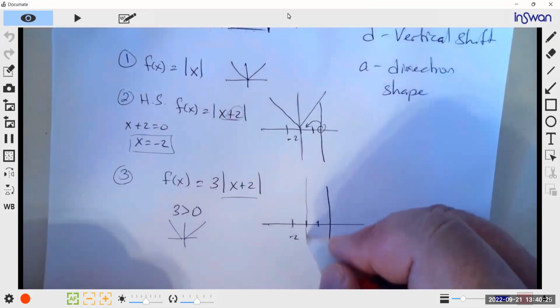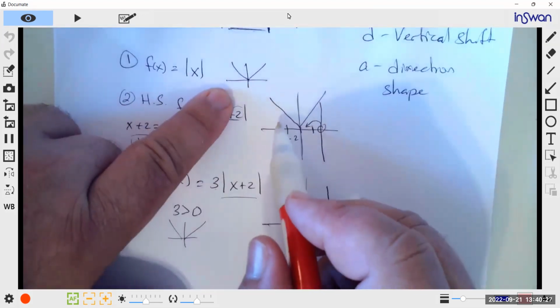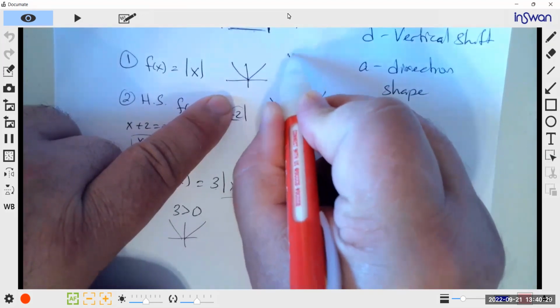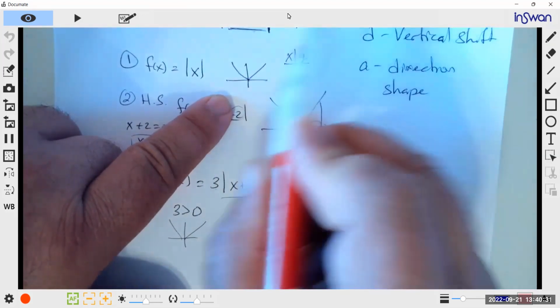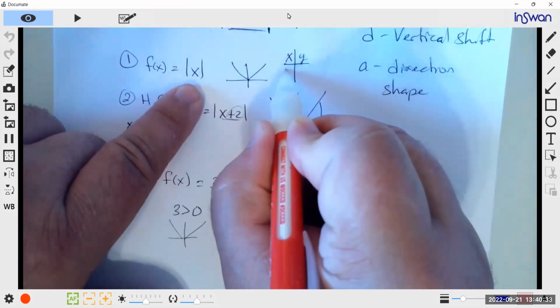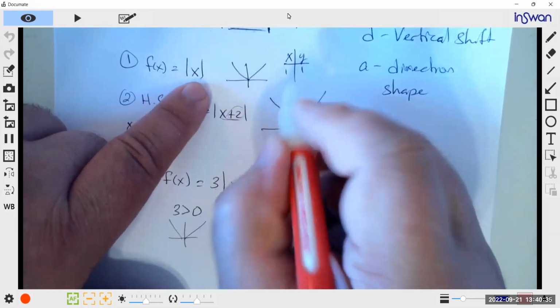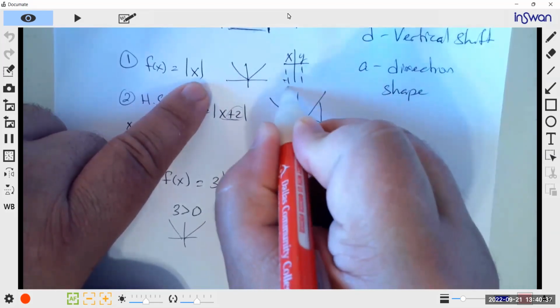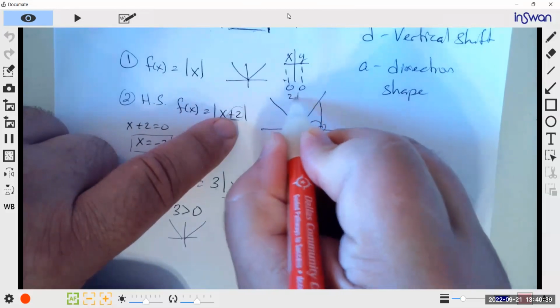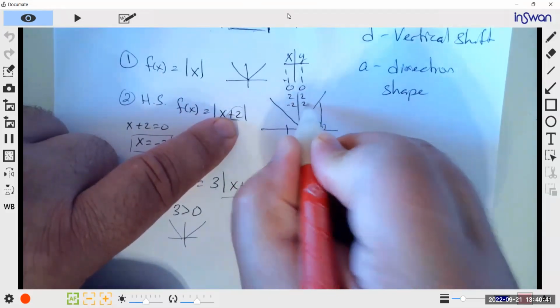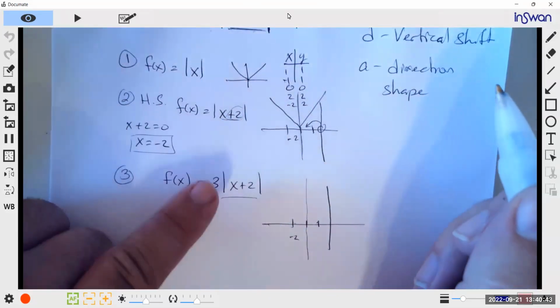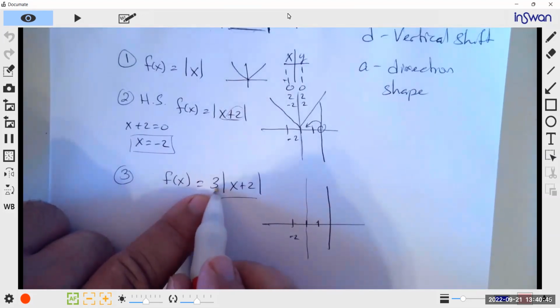Okay, so the original function here, if we look at the chart, when x is 1, absolute value of 1 is 1. When x is -1, it's 1. When x is 0, it's 0. When x is 2 or -2, it's 2. But now, our graph changes.